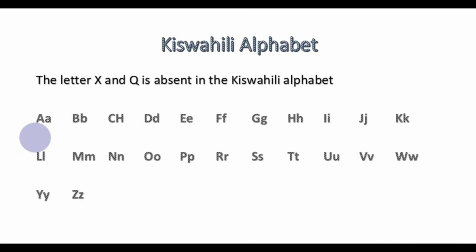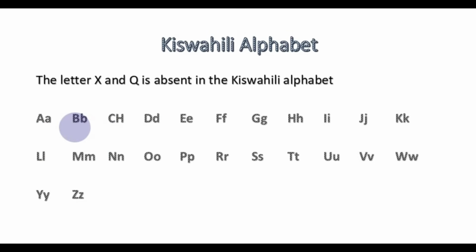So now, I want to demonstrate to you how to pronounce the sounds of the letters which we have in the alphabet. All the consonants are present except for X and Q, and all the vowels are also present.